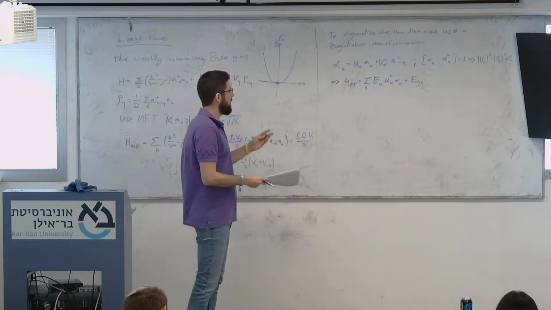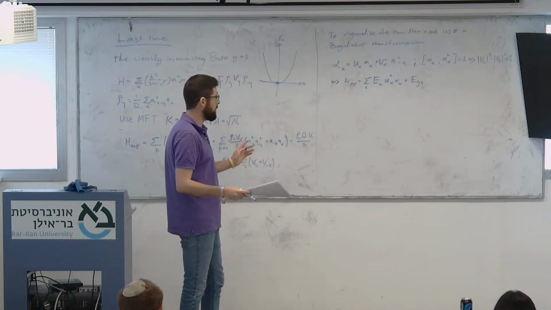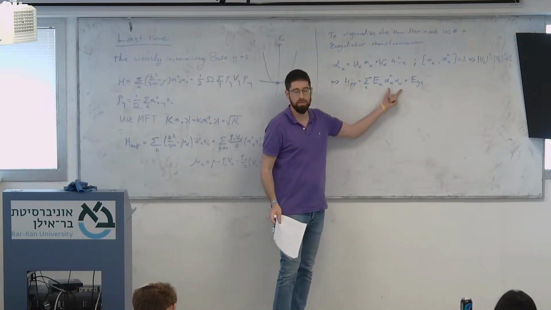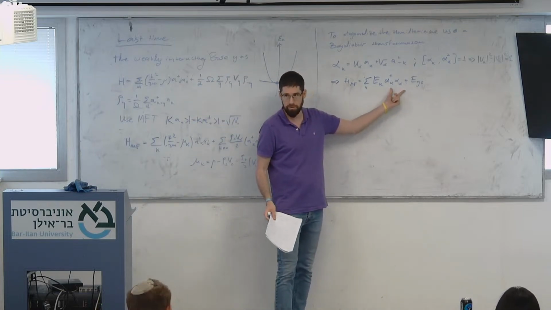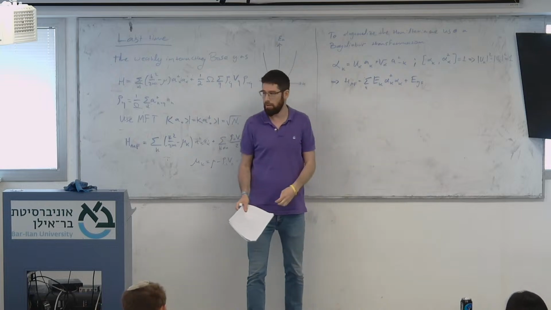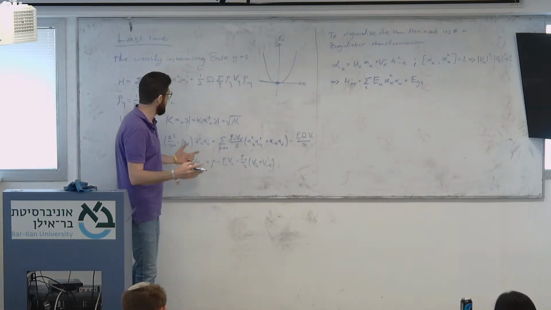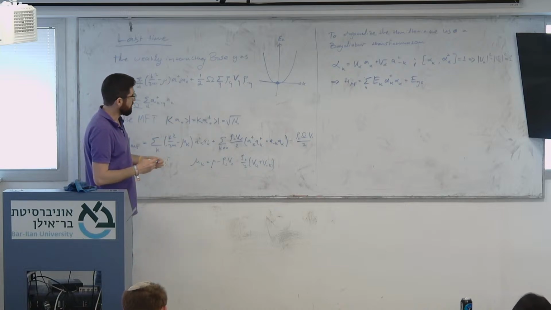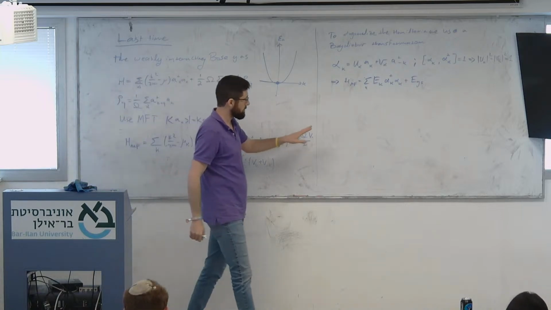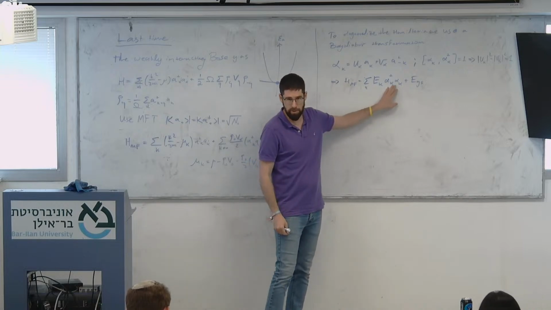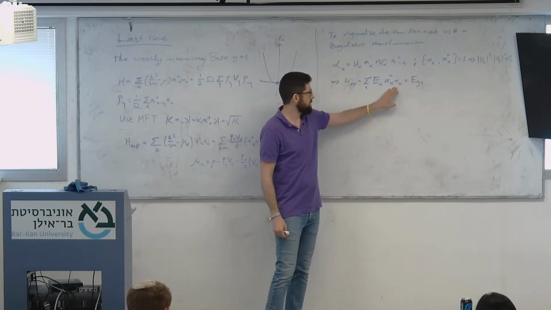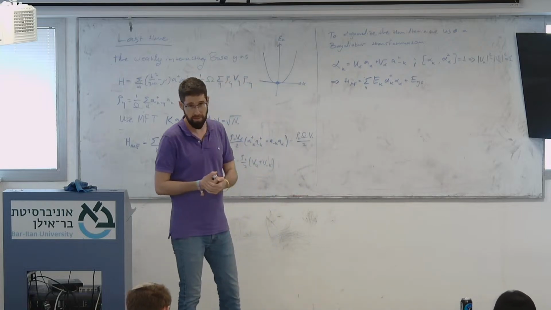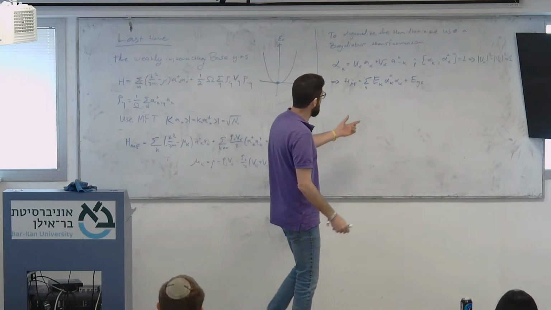So this is now a quadratic Hamiltonian. It's only up to mean field. What these represent is what we call quasi-particles. So the idea is that we start with an interacting Hamiltonian, and presumably, and one needs to check, and there are ways to check, that if these excitations exist, they represent quasi-particle excitations.